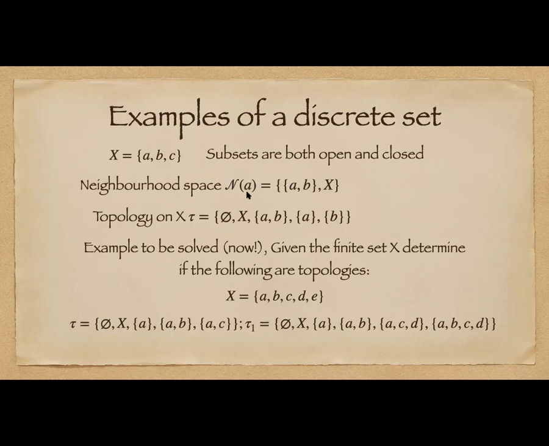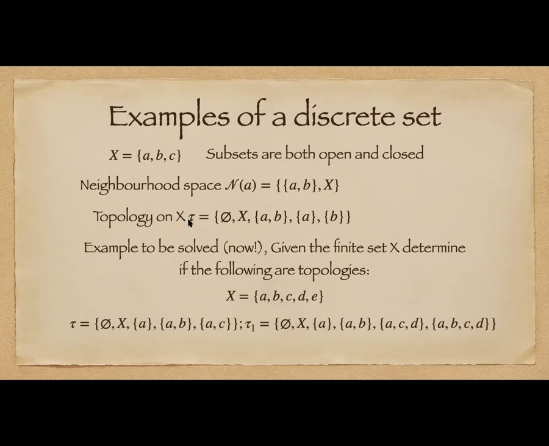It was a neighborhood of A. Here we have a topology on the set X. Tau is the collection of subsets of X, which has the empty set, the set X itself, AB, A and B. Remember, a set is its own subset, unless we put some further restrictions.